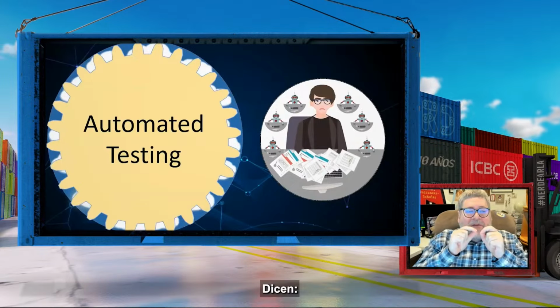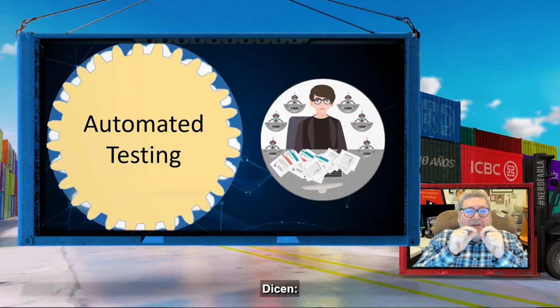You are a tester, but now you're doing automated testing. So what people hear who don't know much about testing is that all of testing now is automated. Not just some little part of it, but all of it is.